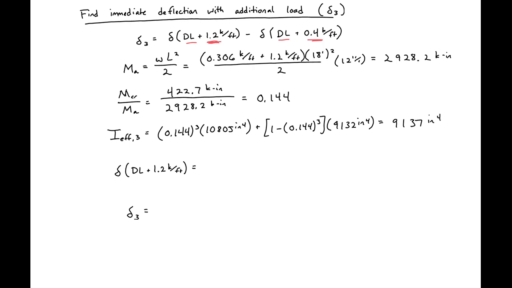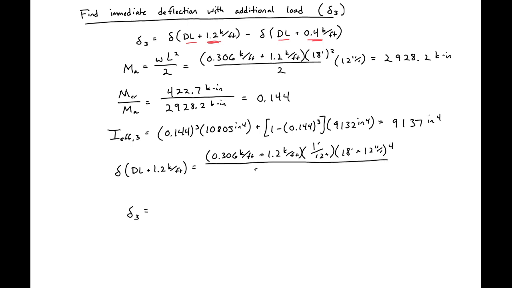We can then find our deflection under this total load, which is our dead load plus our total live load, 1.2 kips per foot. And then we're going to change this into inches, times 18 feet times 12 inches per foot to the fourth, and then all this divided by 8 EI.